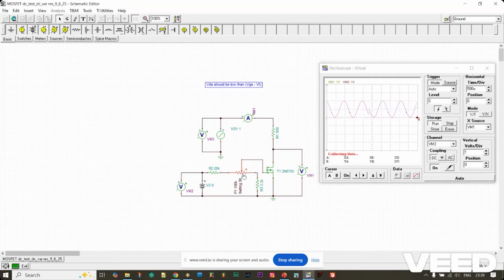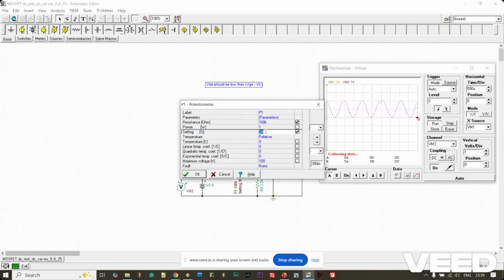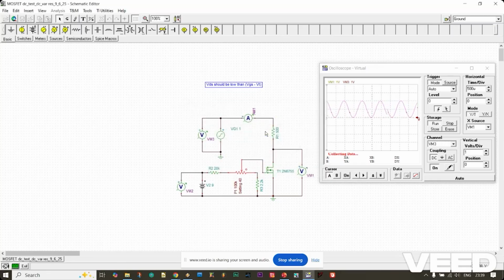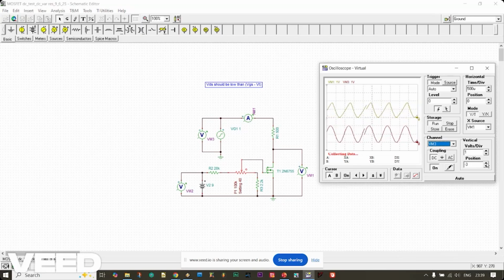So now let us change the potentiometer. See, there is a small distortion here. Let us change VM3. I will just put it down. Small distortion, but the voltage is less.